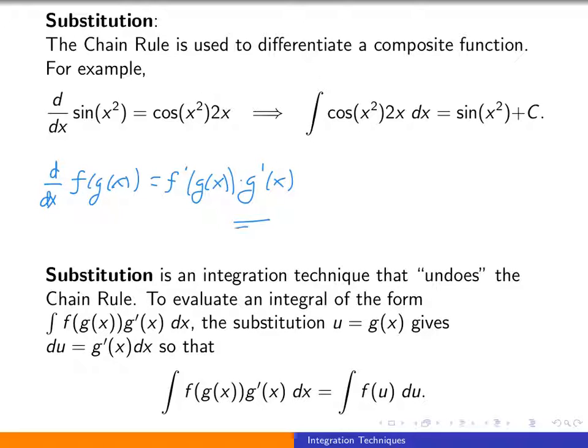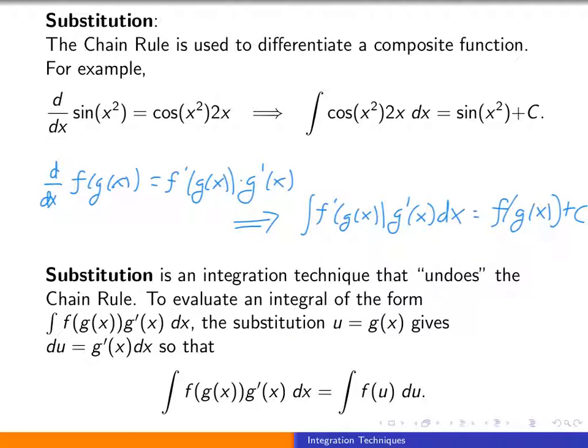Now making the corresponding statement for an antiderivative, flipping this around, the antiderivative of f prime of g of x times g prime of x is given as f of g of x plus c. And this leads us into what we can think of as the method of substitution.